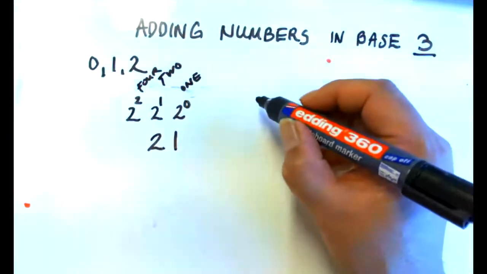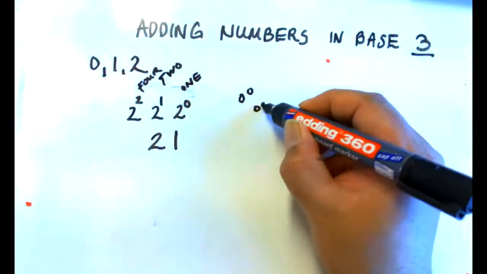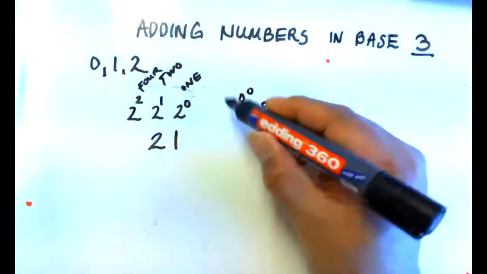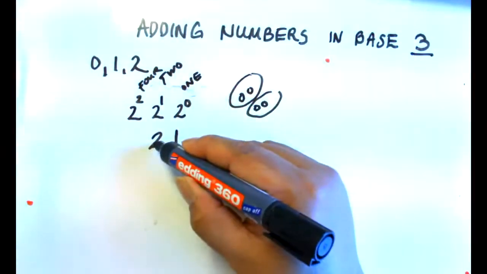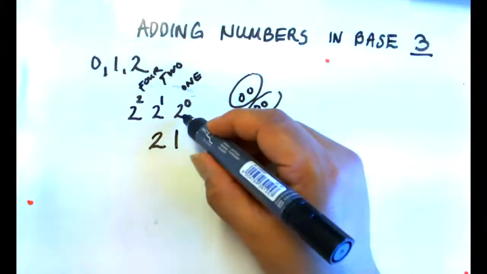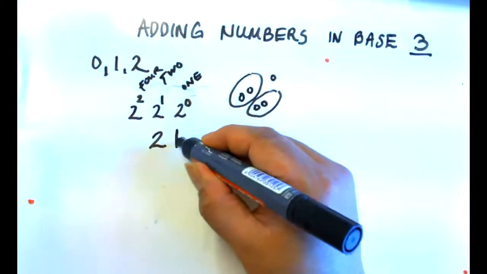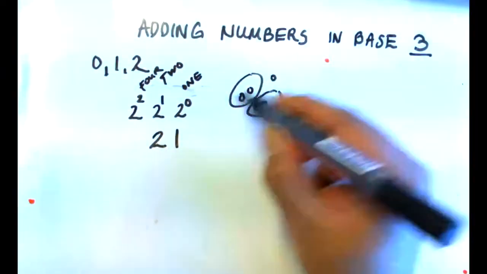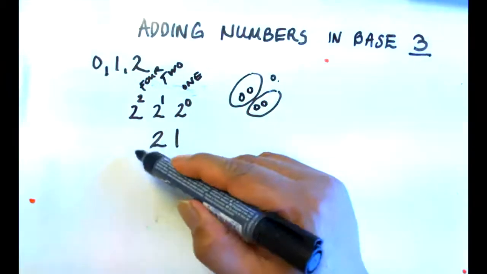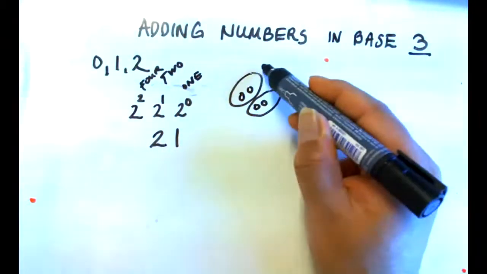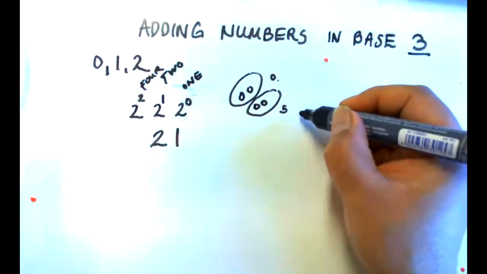It would mean there will be 1, 2, and 1, 2. That means 2 groups of 2. We circle that and we circle that. So this is 2 groups of 2 and 1 outside. And 1, 1. So this number in base 3 basically means 5 in our number system.